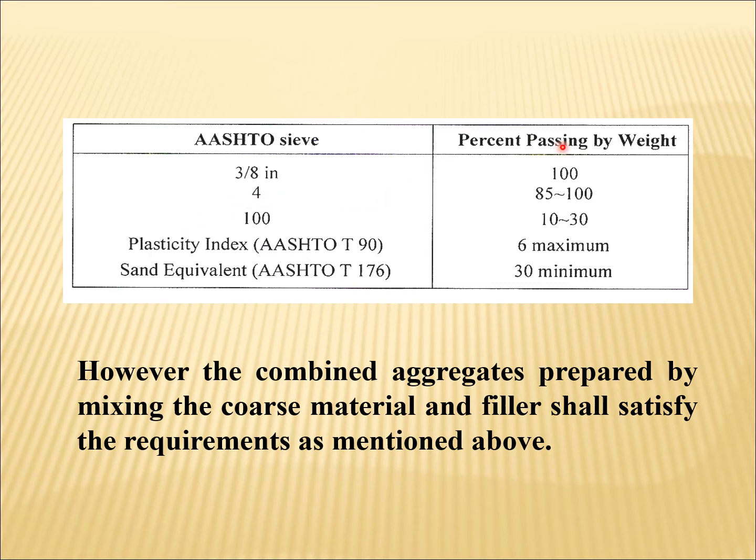So you can see the percentage passing by weight corresponding to these sieves, the plasticity index and the sand equivalent values requirement. However, the combined aggregate prepared by mixing the coarse material and filler shall satisfy the requirements as mentioned above. So it is clearly mentioned that these requirements must be fulfilled.